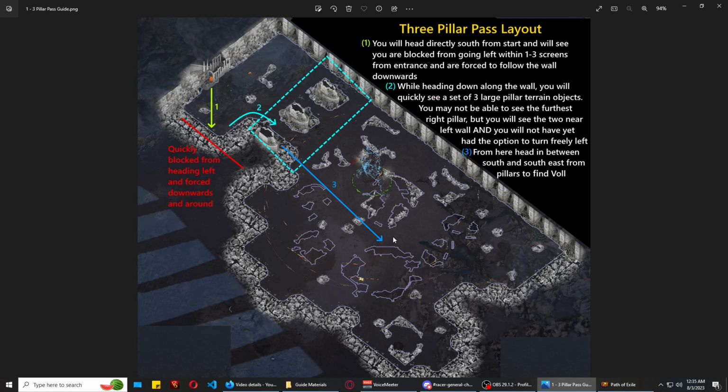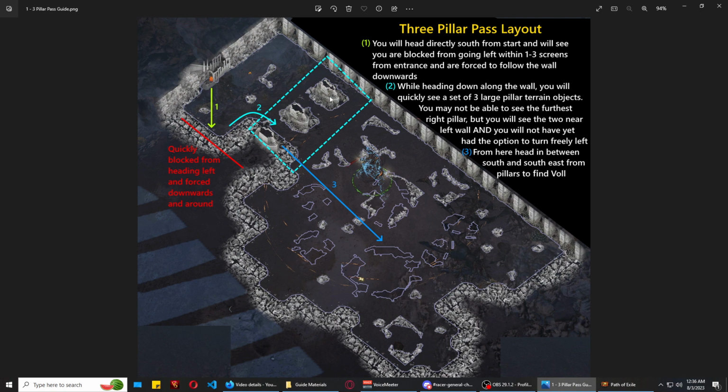So first, we're going to cover the 3-pillar pass layout. We will head directly south from the entrance, and then within 2 to 3 screens, we will be quickly blocked from heading left and west, and instead we'll be forced downwards and around to the right. As we're forced downwards and around to the right, you will quickly see these large terrain pillar objects.